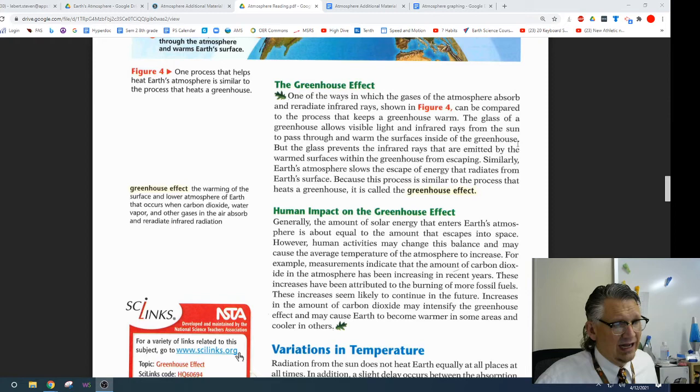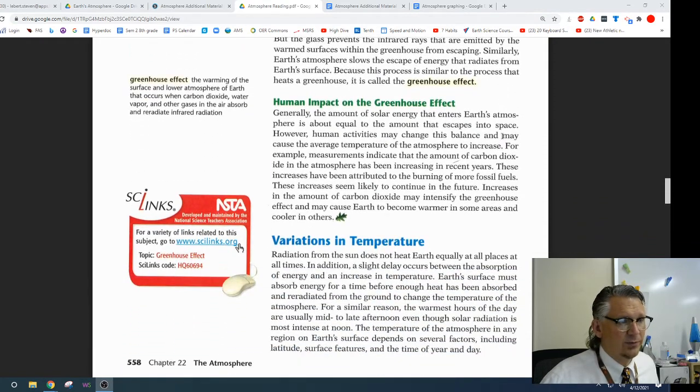Similarly, the Earth's atmosphere slows the escape of energy that radiates from the Earth's surface. Because this process is similar to the process that heats a greenhouse, it is called the greenhouse effect.